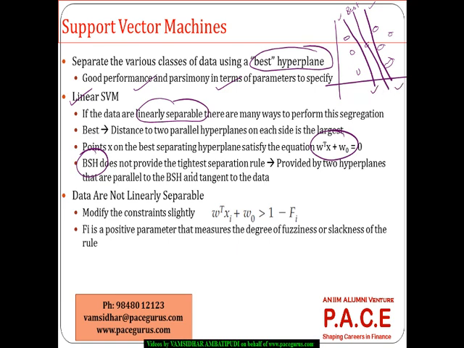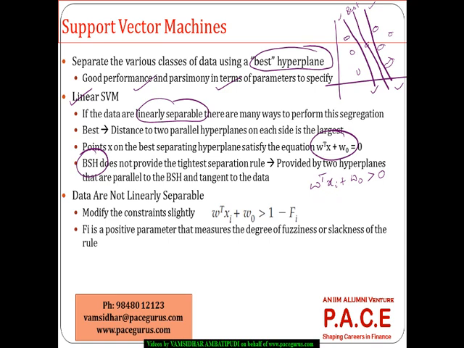And if the data is not linearly separable, I can use a slightly modified formula for the classification rule. Regularly we were doing the classification as W transpose Xi plus W0. If it is greater than 0, we classify it under the W1 category. Otherwise, we classify it as non-default or default accordingly.